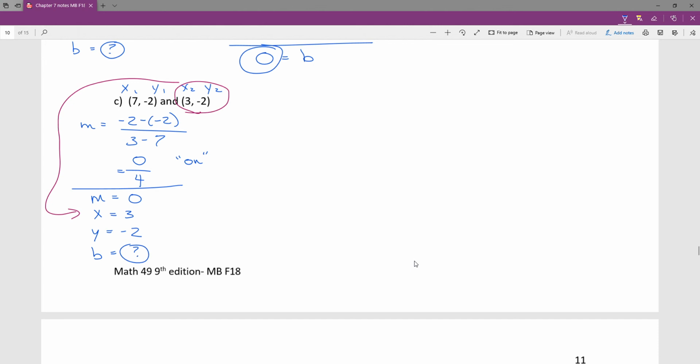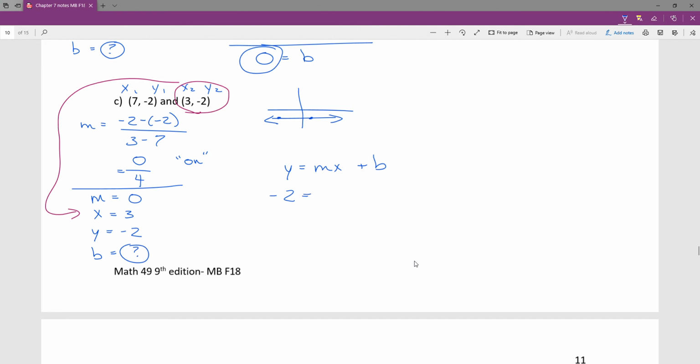Now, as soon as I see that my slope is 0, I could think of this conceptually. So I know that I've got a horizontal line. I could even graph these 2 points on the graph to conceptualize what is going on. Or I can rely on this y equals mx plus b. So let's sub in and keep going with this strategy.